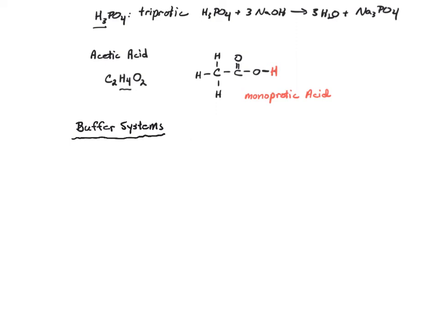In fact, without buffer systems, we would not have life as we know it. Every buffer system is composed of the same 2 things: a weak acid plus its conjugate base.